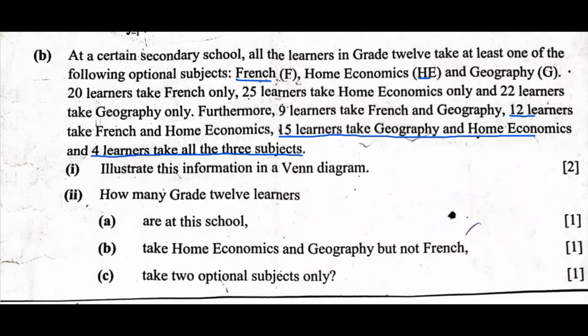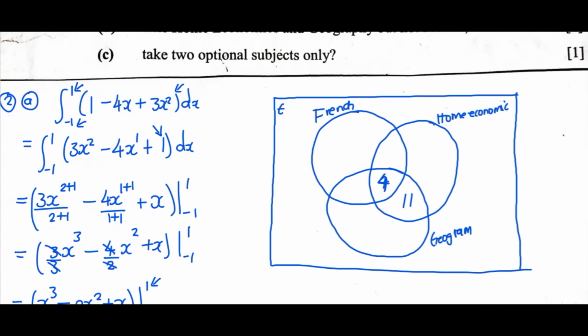So we have 12 learners take French and home economics. So 12 for French and home economics. Now from that 12 we have 4. So 12 minus 4, we are going to have 8. So this means that 8 students take French and home economics only.